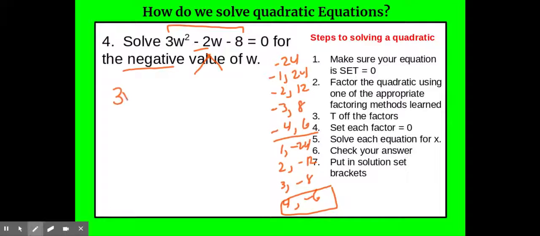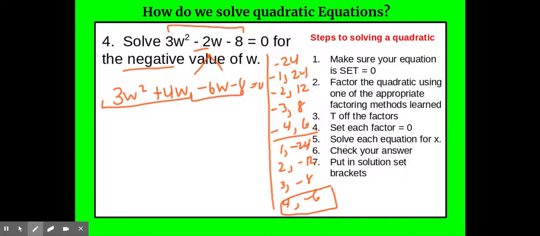So now we're going to break this up. We bring our 3w squared down. We put plus 4w minus 6w minus 8 equals 0. Just put a line down here. Okay, now we'll group it. Factor out our GCF. The GCF here is just w. The GCF here is negative 2.